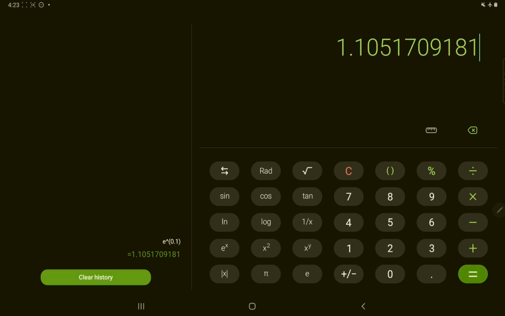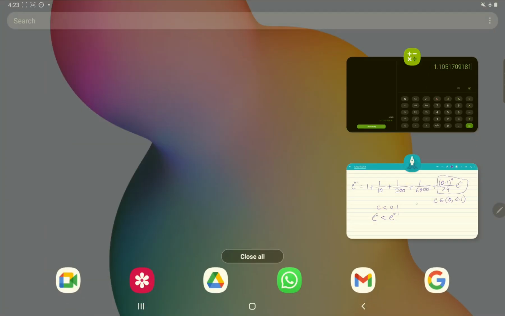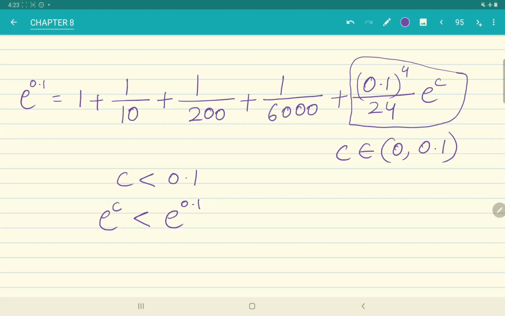This turns out to be 1.1, which is certainly less than 1.2. The reason I have taken up 1.2 here is because we have 24 in the denominator. So I can write that this is definitely less than 1.2. What does that mean?